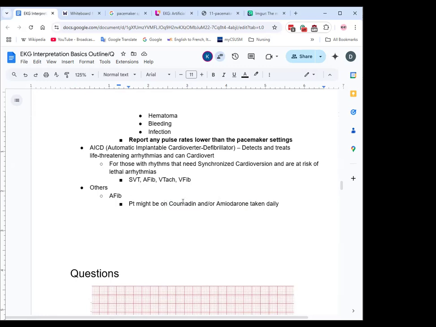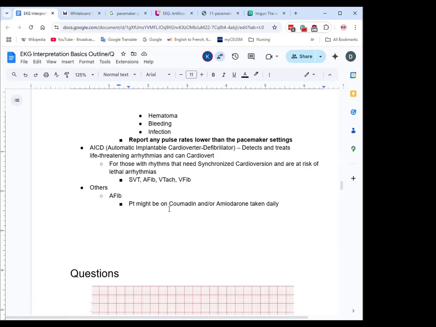Eliquis is more expensive, and there is technically a blood test that you could do for it, but it doesn't mess with the regular coagulation panel. Whereas with Coumadin, your warfarin, you would have to be doing INR every week or 2 weeks. So very frequent monitoring of INR and very frequent dose changes if it is out of range.